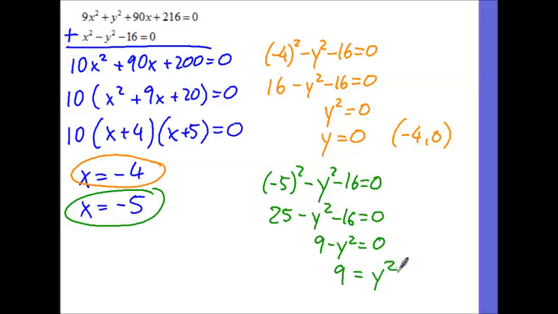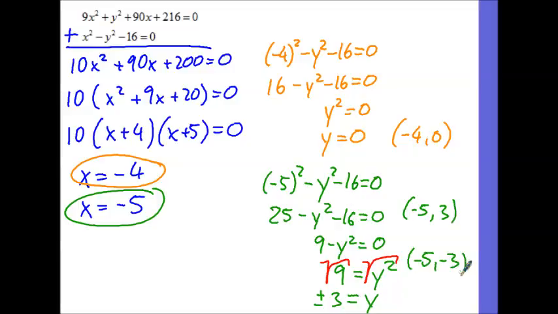Now we need to take the square root on both sides. Positive or negative 3 is equal to y. This means we actually have two y coordinates and two solutions with the coordinates negative 5 and 3, and also negative 5 and negative 3. In other words, a total of 3 solutions for this quadratic system.